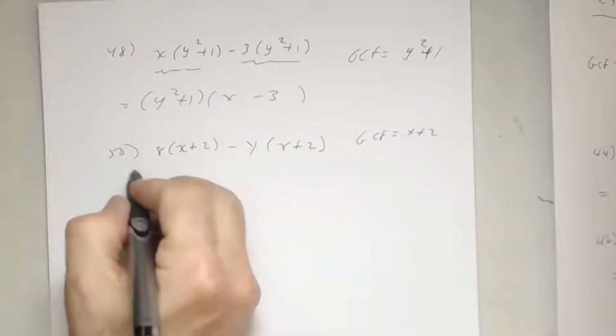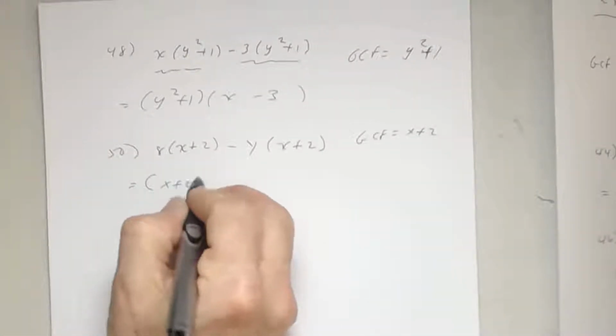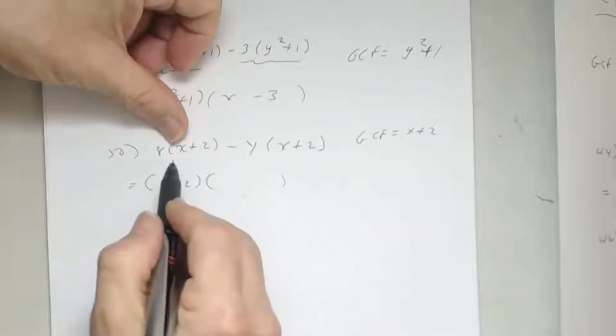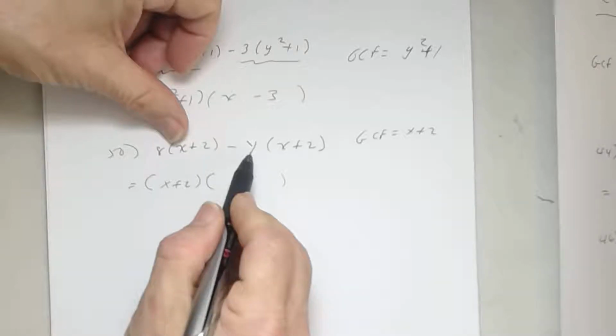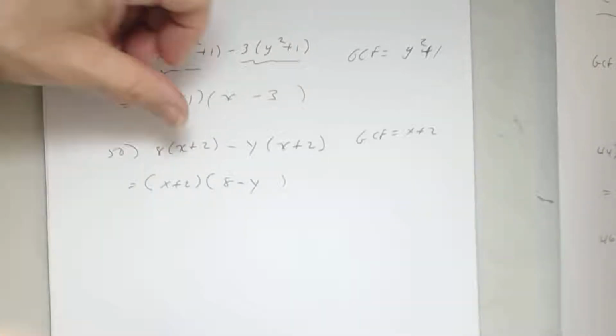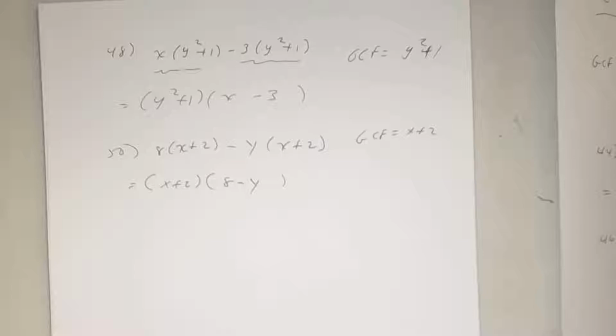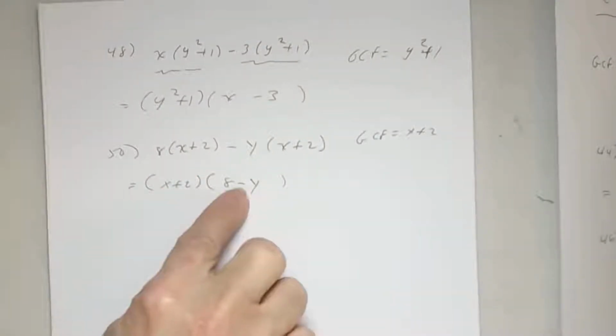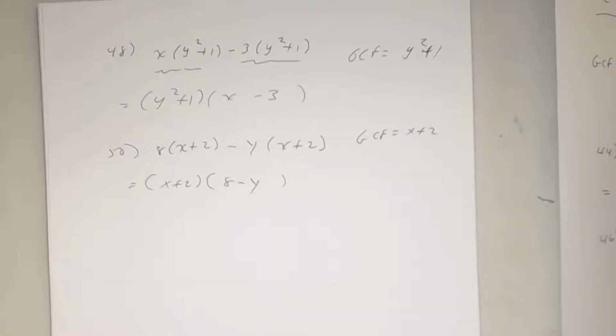So the GCF goes in front. And then how many terms are going to be inside this parentheses right here? 2. And what are they? 8 minus y. That's it. And always in your mind, think of distributive property. x plus 2 times 8 is this. x plus 2 times negative y is this.